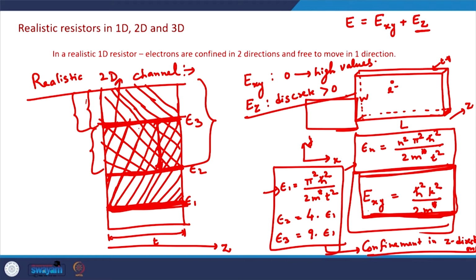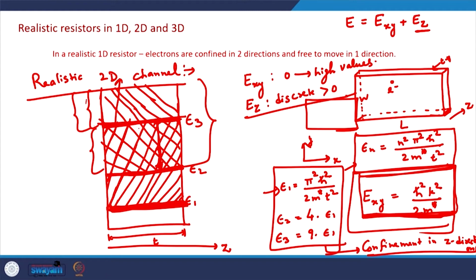Now, because of the free motion in the other two directions, the electron's energy can be from 0 to any value, and in that case the electrons might have an energy configuration in which their energy is epsilon 1 in the z direction and Exy, or any arbitrary energy, in the xy direction.